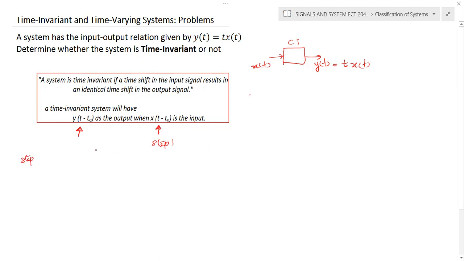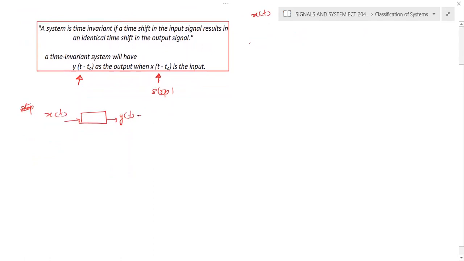Assume that for the input x of t, the system produces an output y of t, and this y of t is given by t into x of t.